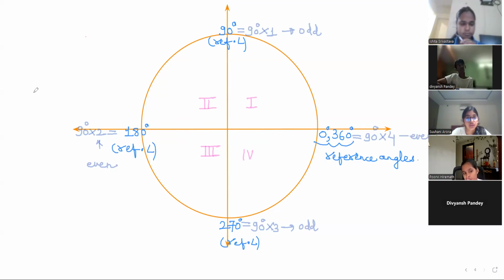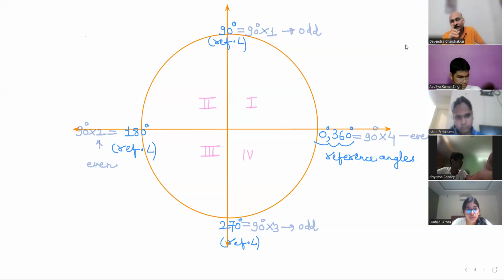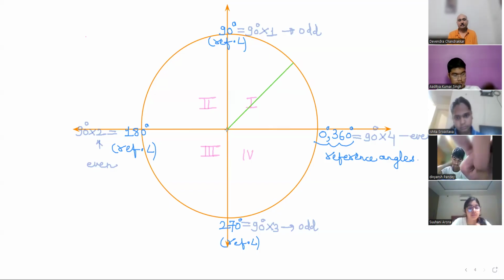Now as there are reference angles, there are standard angles also for every quadrant. What we do is we divide this entire circle into equal sectors of 15 degrees each. Pay attention. So based on that, we have the standard angles.